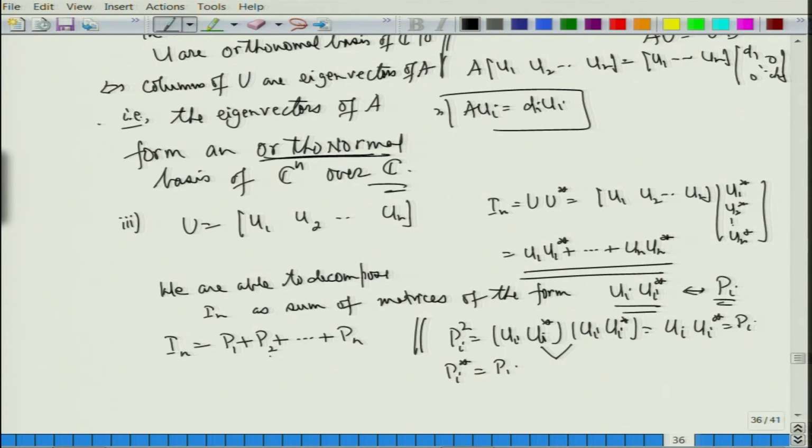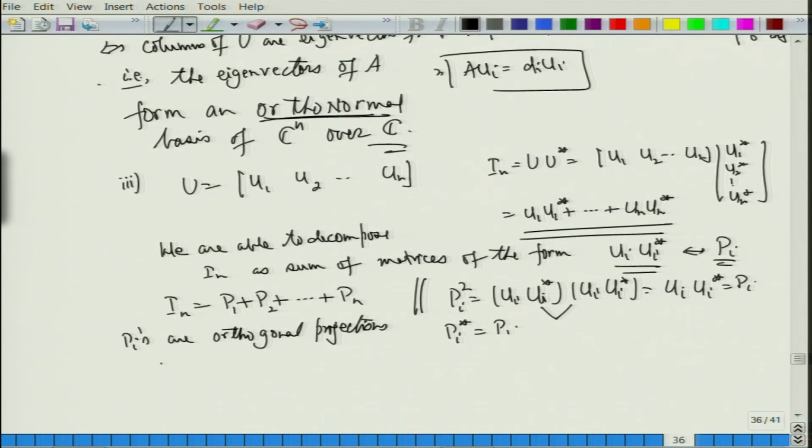So we have written I as a sum of orthogonal projections. Fine.